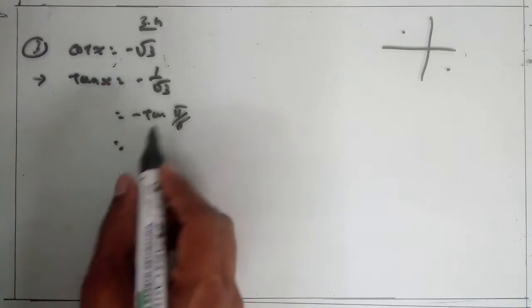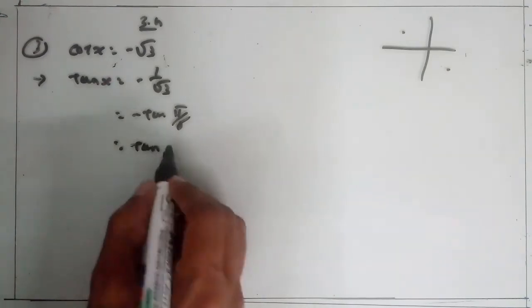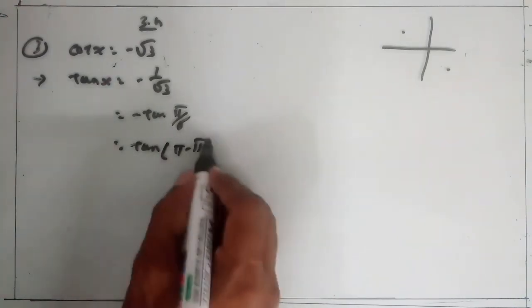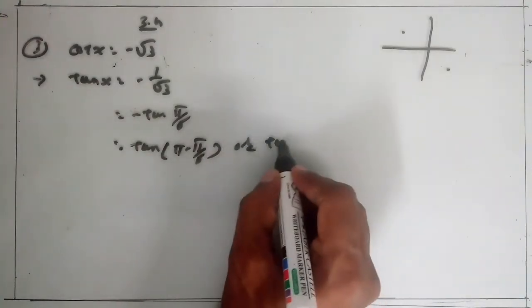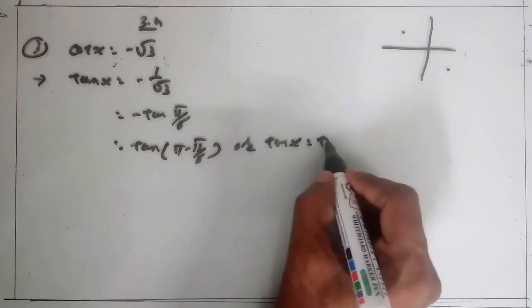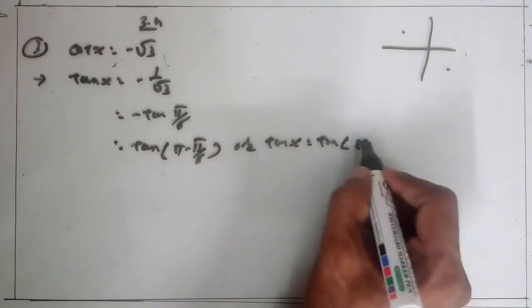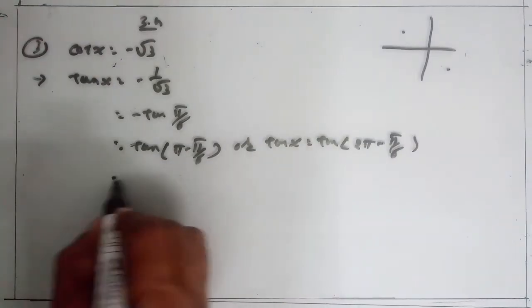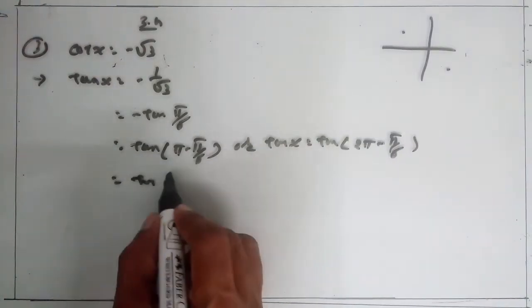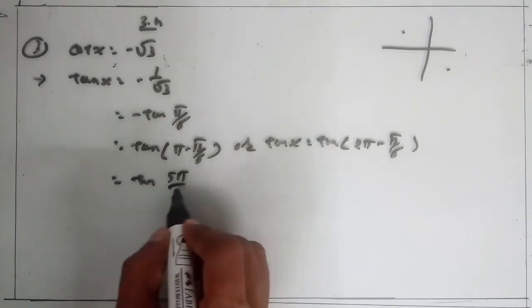Minus applies inside. So we get tan pi minus pi by 6 or tan x is equal to tan 2 pi minus pi by 6. Clear this? So it becomes tan 5 pi upon 6.